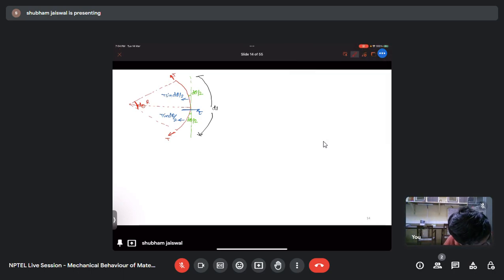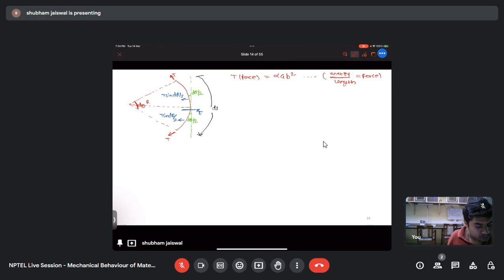So the tension or the force is nothing but alpha Gb square. Why is it so? Because energy per unit length is force.